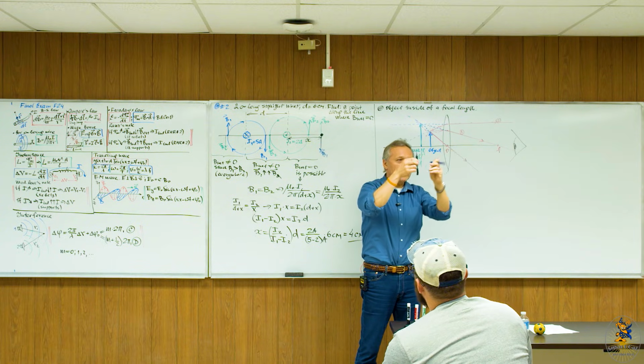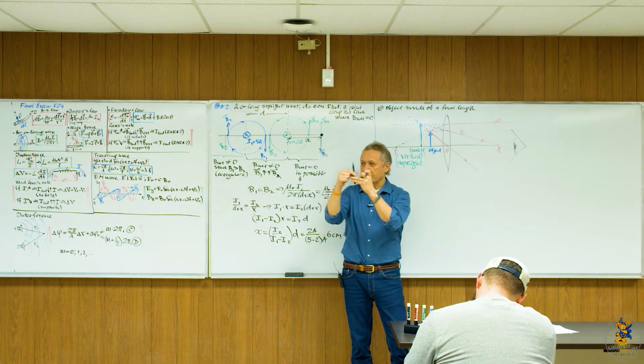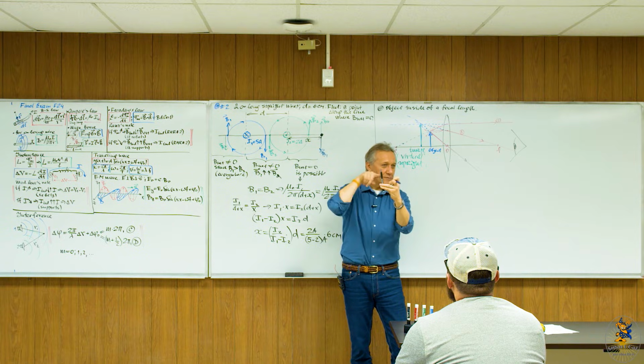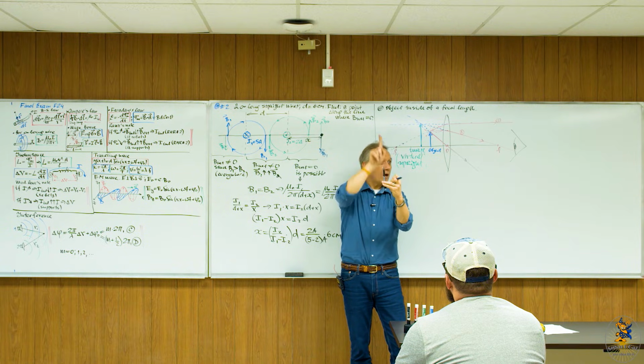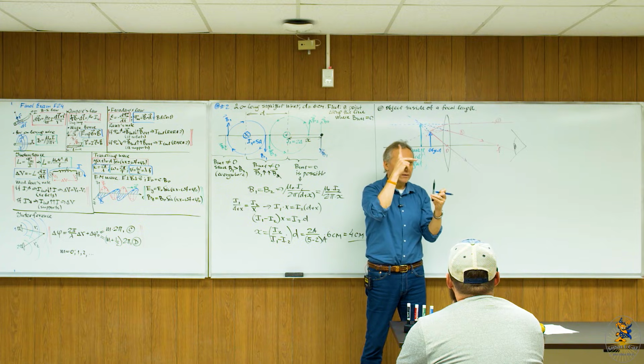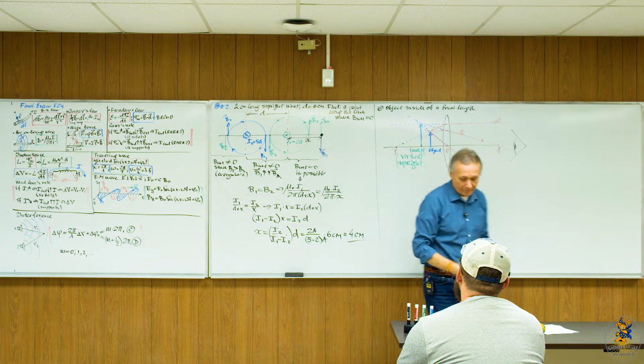The magnetic field created by this wire would be either towards me or away from me, but the magnetic field created by this one would be up or down. So what's the angle between those two magnetic fields? 90 degrees.